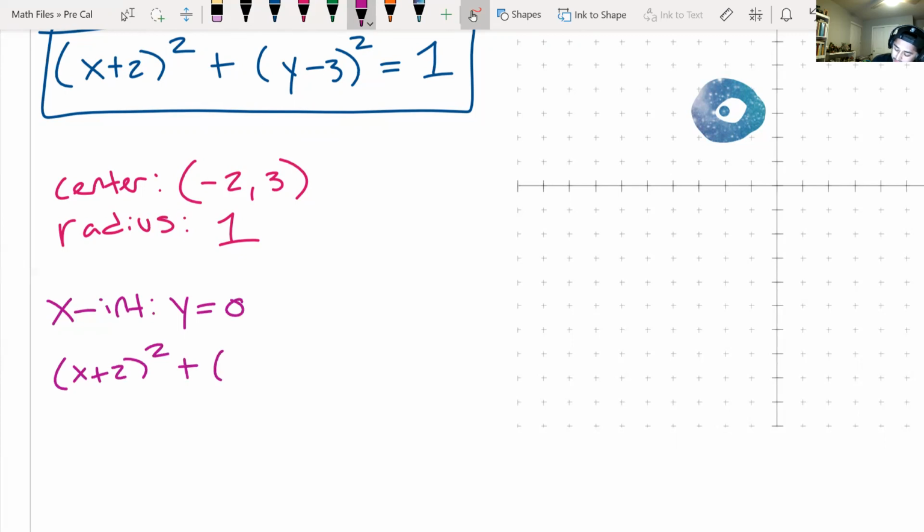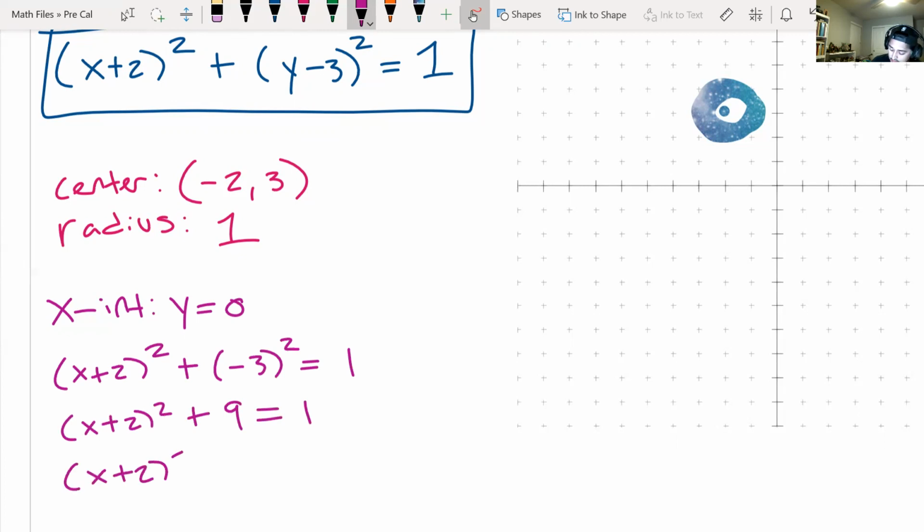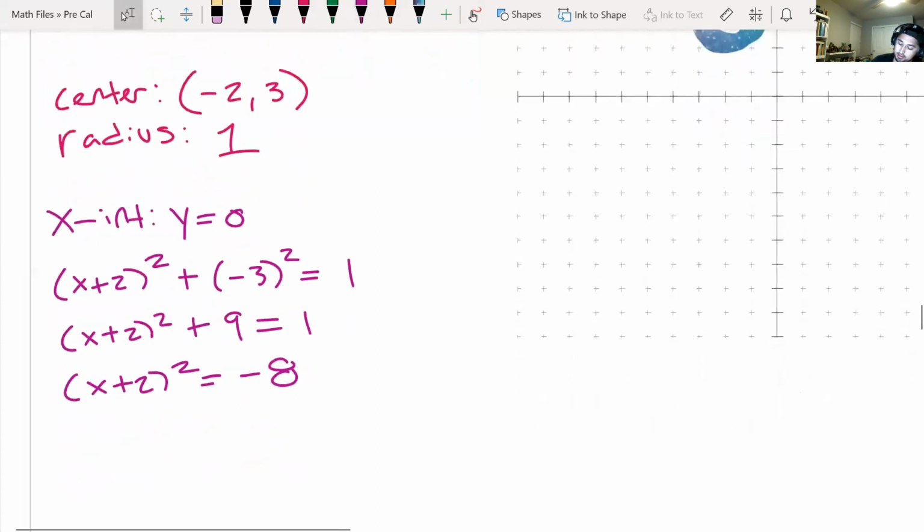So if we try to solve for an x-intercept, you let y equal 0, and then x plus 2 squared plus negative 3 squared. We'd get x plus 2 squared plus 9 equal to 1. You move that 9 over, and we get x plus 2 squared equals negative 8.